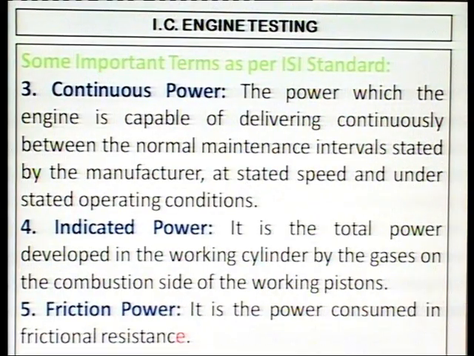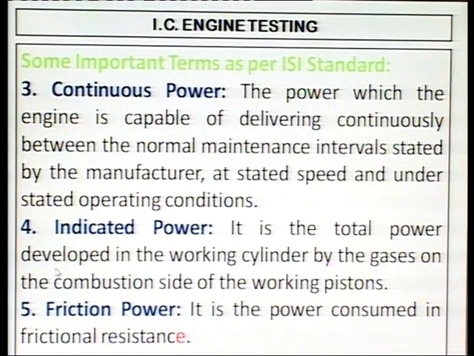Third is continuous power. The power which the engine is capable of delivering continuously between the normal maintenance intervals stated by the manufacturer at stated speed and under stated operating conditions. Fourth, indicated power.